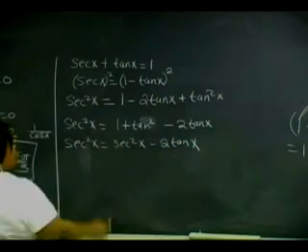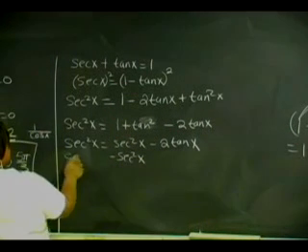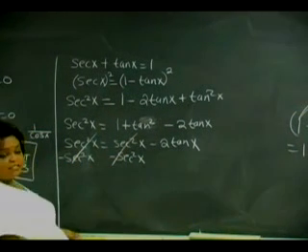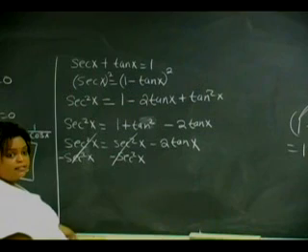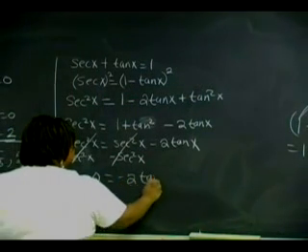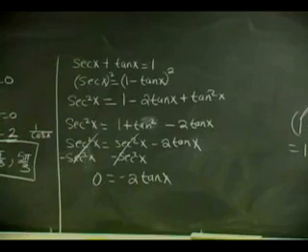Okay? So if I subtract secant squared from both sides, this totally cancels out, doesn't it? And I have 0 equals negative 2 tangent x.